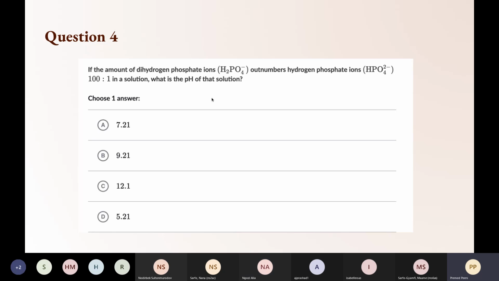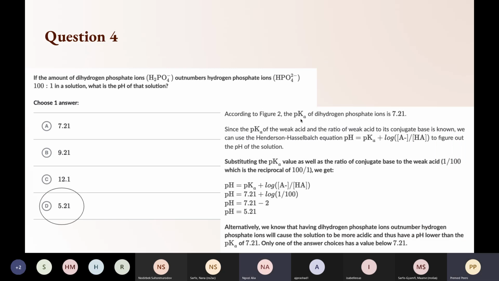We are given the pKa as well, 7.21. And then we're given this equation, which is 1 over 100, and then you have to just subtract it. And make sure that you know your log rule. So if you are dividing a fraction and it's smaller, it's going to be negative. And that's how we get 5.21.